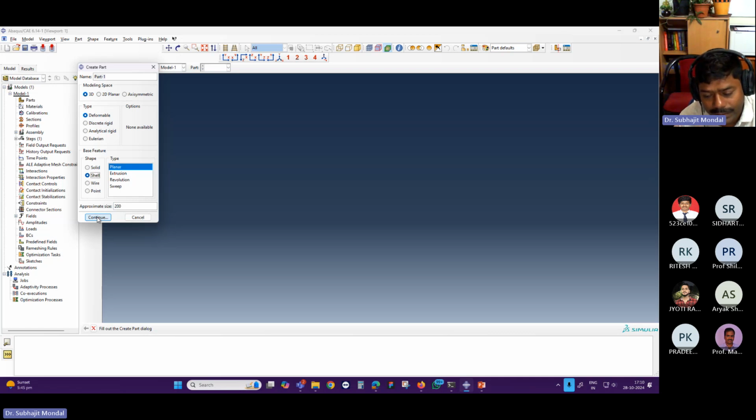If your length is in the range of 300 mm, 400 mm, or 100 mm, and your width also in the range of 100, 200, 300, and thickness is in the range of 10 mm, 5 mm, like that, in that case you can go for shell element modeling. If your thickness is very large, 20 mm, 50 mm, or in that range, in that case you should go for solid element analysis.